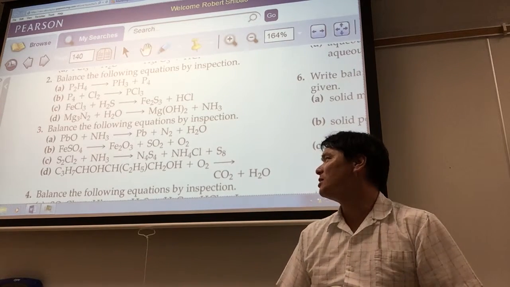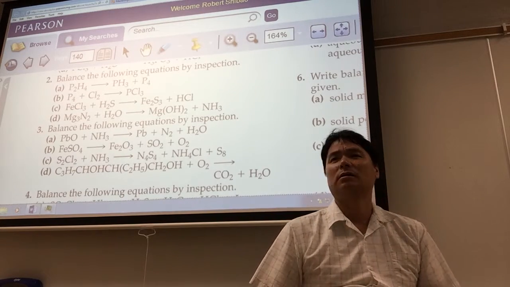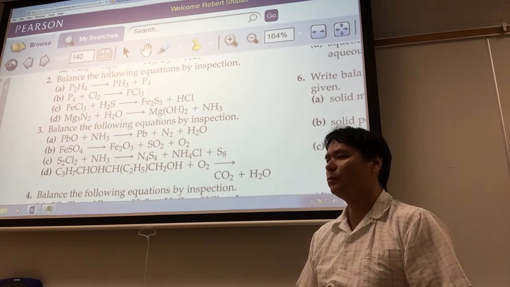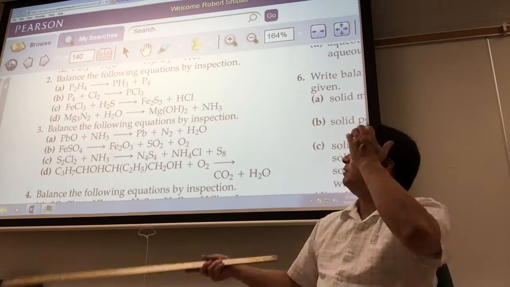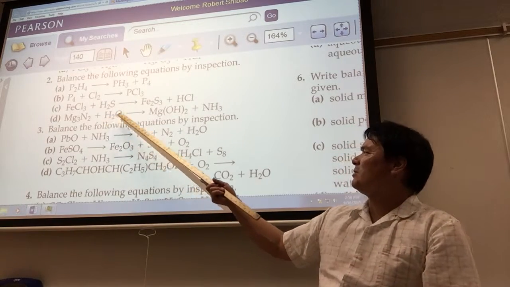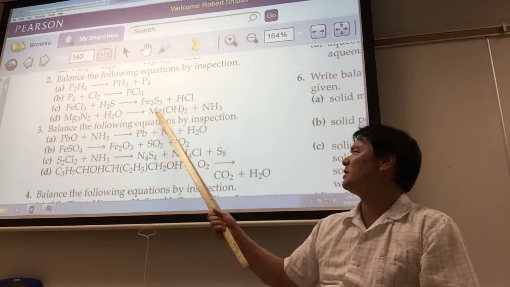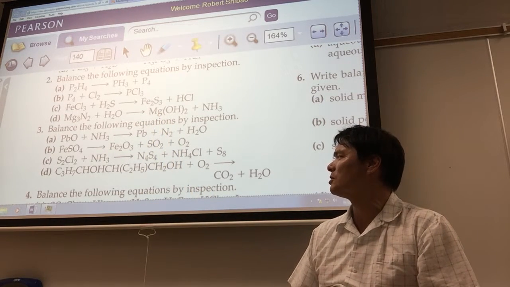If it's not a redox reaction, then what is it? Acid base or double replacement metathesis? Well, turns out this could be an acid base reaction. Sometimes there's overlap because this is actually an acid base reaction, but it could be interpreted as a double replacement reaction.